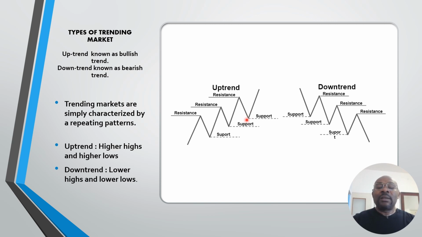Now, for example, you just open your chart and you discover that this candle has just printed and it's at this level and it's an uptrend. You have identified that it's an uptrend. All you need to do is be patient, wait for it to make a pullback to this level.